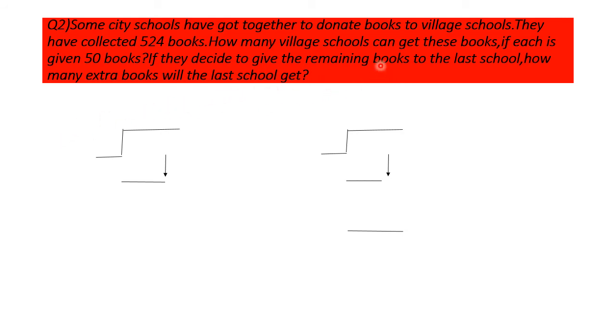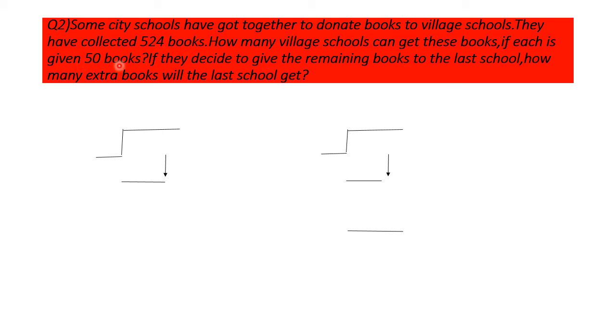So the question is quite long, but we just have to understand what we are going to do. It is already clear that some city schools have decided to donate some books to the village schools. They have collected 524 books, so the total number of books, which will be our dividend, will be 524.